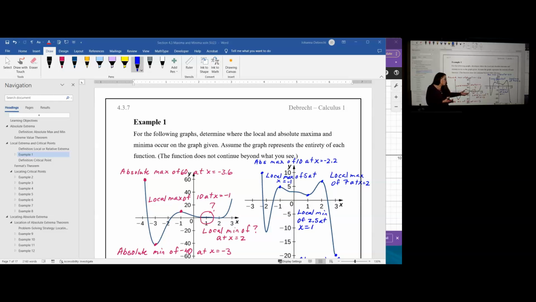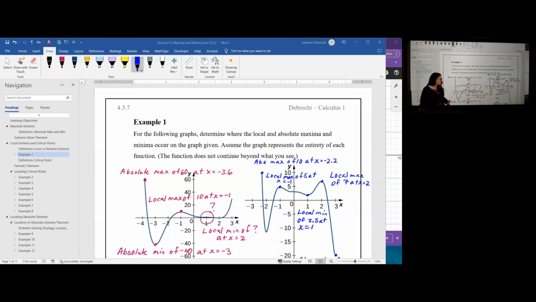I can't tell, so I put a question mark. Again, there's a point here at 2 where I'm pretty sure that it goes below and it's a low point. But I can't tell exactly what the value of it is. I just know that at 2 does appear to have a local minimum. I do have another point right here, but this point, because it's on the end point of the interval, cannot count as a relative or local minimum.